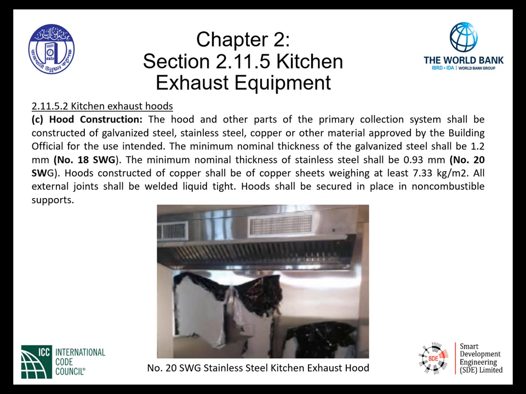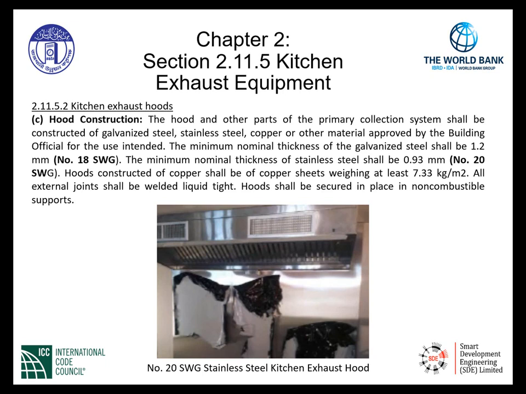The minimum nominal thickness of the galvanized steel shall be 1.2 millimeter or 18 gauge sheet steel. The minimum nominal thickness of stainless steel shall be 0.93 millimeters or 20 gauge sheet steel.